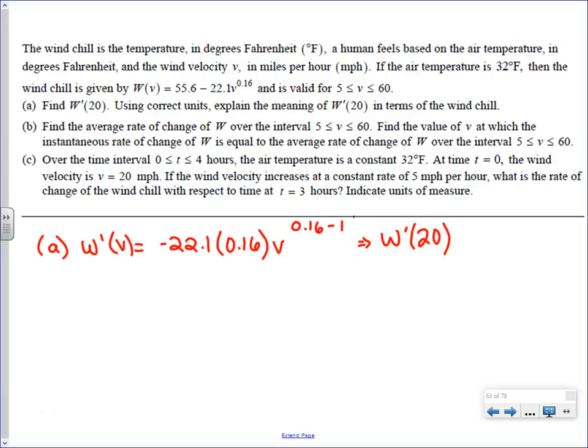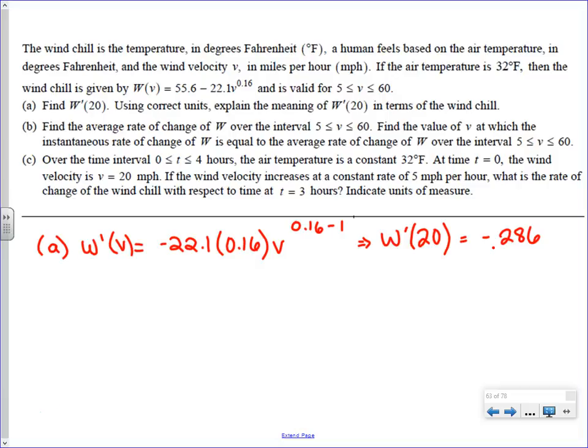I would get negative 22.1 times 0.16 times 20 to the power of 0.16 minus 1. Did you guys get negative 0.286? I hear a lot of yeses. Be careful. We have a number.